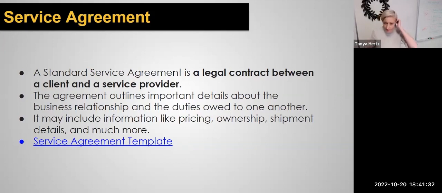However, there are some times when you do have some pretty standard legal contracts that you need to fulfill, and a lot of them are service agreements. So a standard service agreement is a legal contract between the client and the service provider.